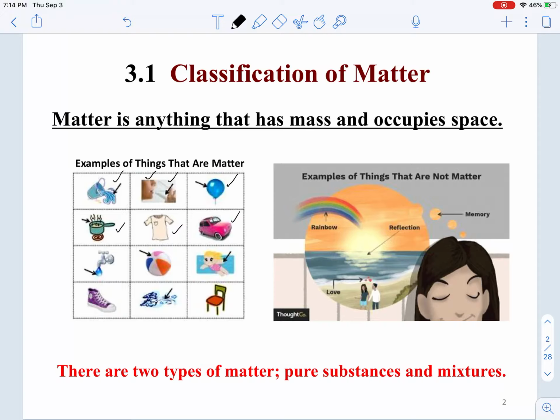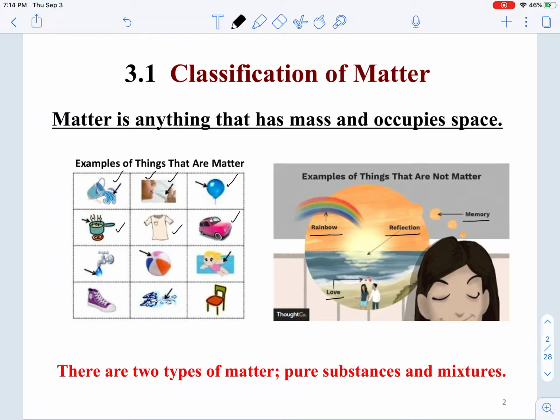Some of them include memory, reflection, so the reflection of the sunlight in the water, rainbow, and even love. Okay? Now, that being said, that doesn't mean that love doesn't matter. It's just that when it comes to the definition of matter in chemistry, because it doesn't have mass and occupy space, then these four examples are things that are not matter.